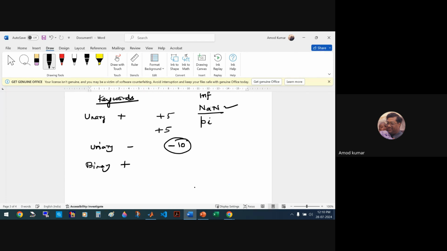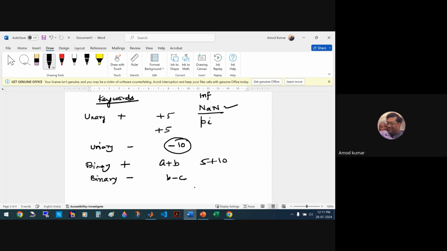Then there is a binary plus. Binary plus means addition operation. A plus B, 5 plus 10, whatever. Whenever this plus sign comes between two numbers or two variables. Then binary minus means subtraction.